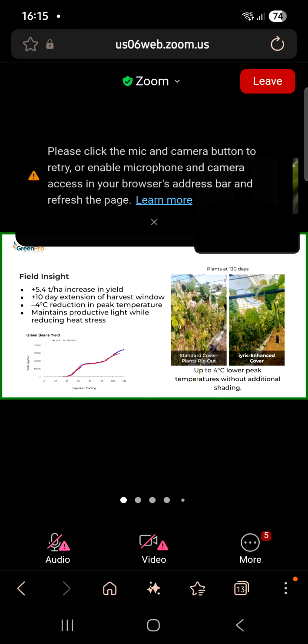And you can see that the plant in the control is done. It's finished working, it's extremely tired, and there's no more fruit left on there. Under Iris is able to continue to perform. So you can see that the plant is still green, there are still beans on there, and it continues to grow for about 10 days before they had to rip it out. So you have again the season extension.